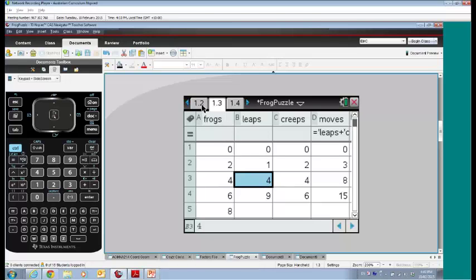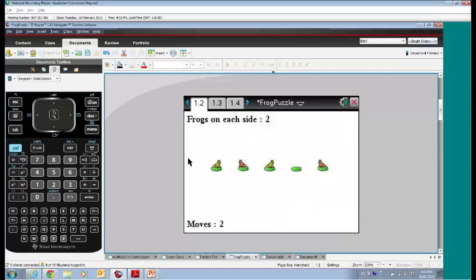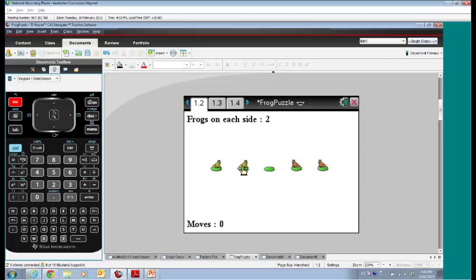And then if we go back again to the puzzle, let me just reset him. Think about the number of leaps that we need to take. This frog has to get past that one, and the only way to do that is a leap. This frog has to get past the other one, and the only way he can do that is to leap. In fact, this frog has 2 frogs to leap, in which case that's 2 leaps that must take place, whether it's the one on the right jumping the one on the left or vice versa.